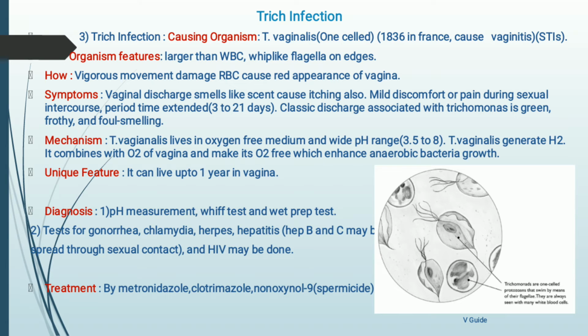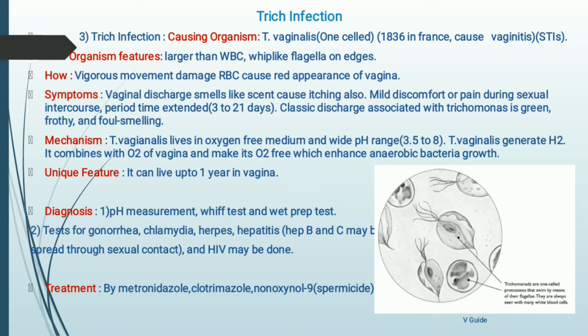So what are the symptoms? Because it is a vaginal disease, there is mainly a difference in vaginal discharge. The first symptom includes vaginal discharge that smells, causing itching also. Due to this disease, itching occurs in the vaginal area, along with mild discomfort or pain during sexual intercourse, and even the period time extends.